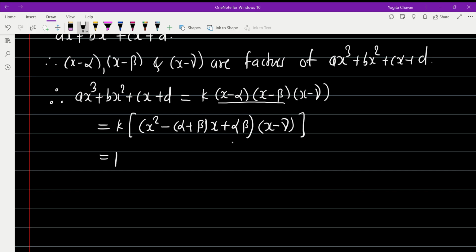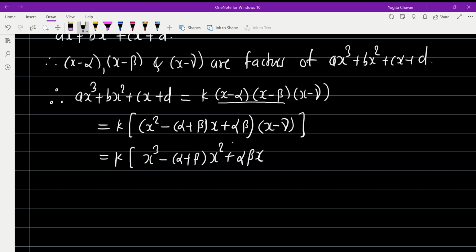It is equal to k in brackets. Simplify this. First we multiply by x, so it is x cube minus alpha plus beta into x square plus alpha beta x.